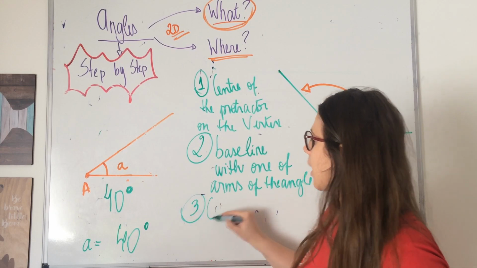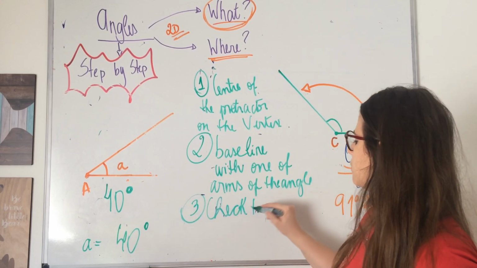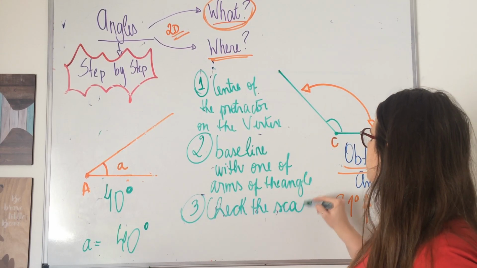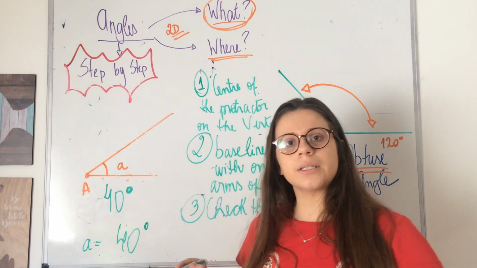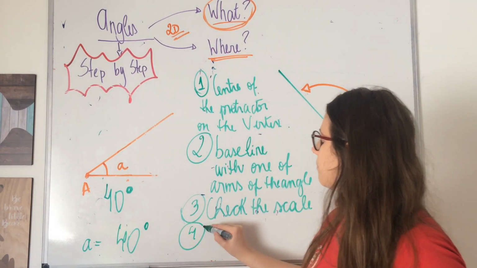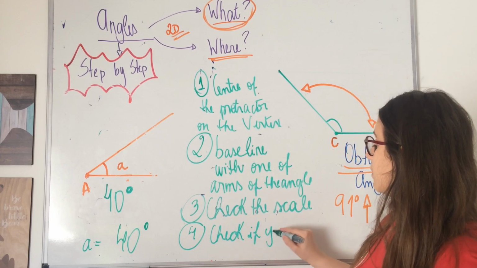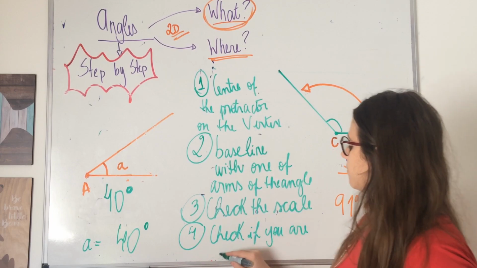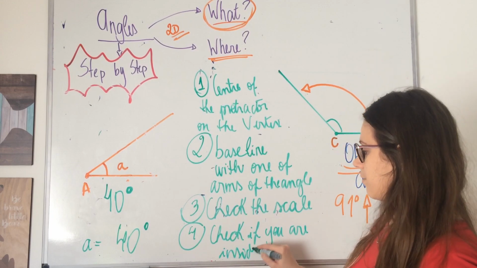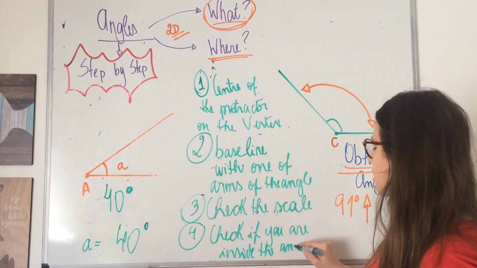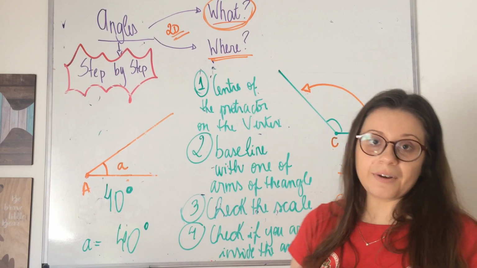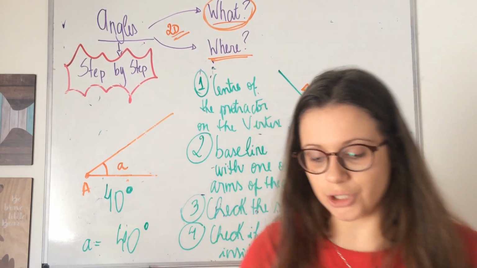Step 3, check the scale. Is it the outer scale or the inner scale? Step 4, check if you are inside the angle, because it's common that we measure outside the angle. And step 5, check how much it measures.